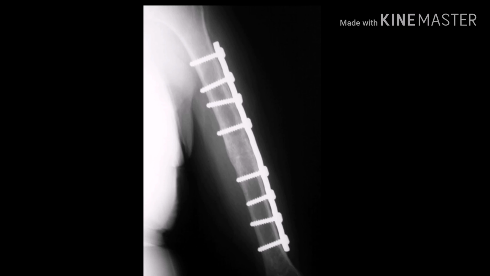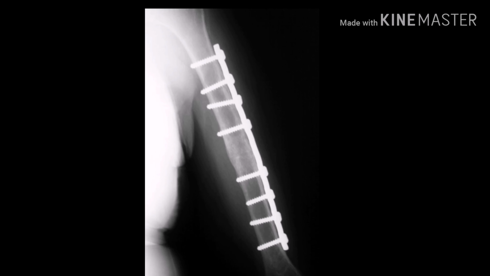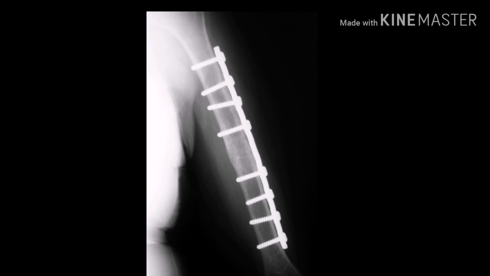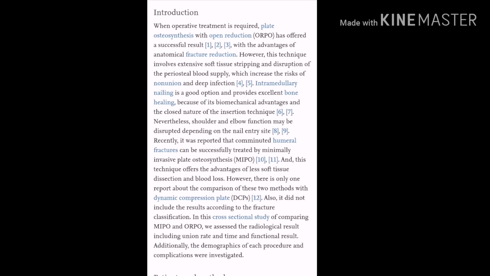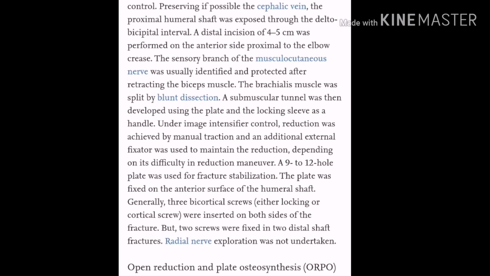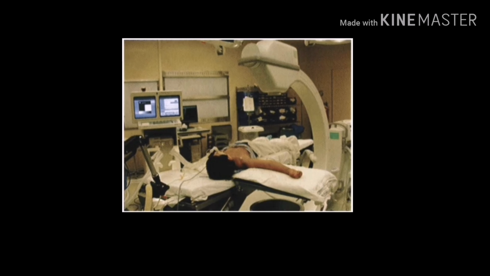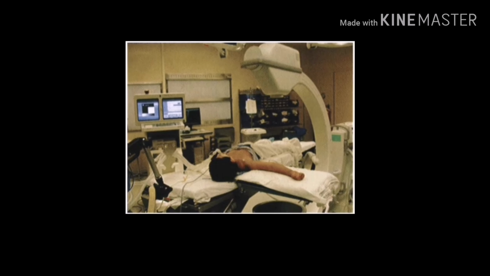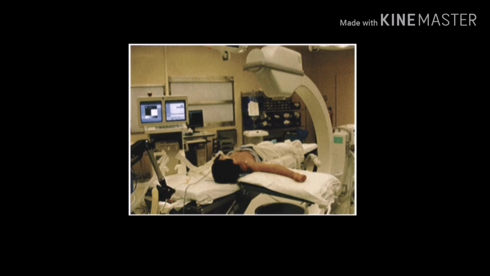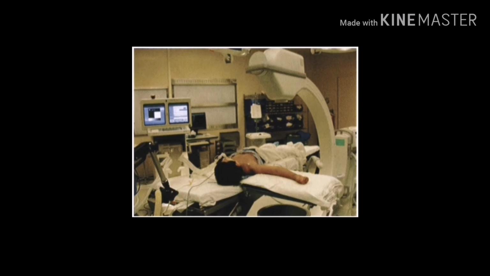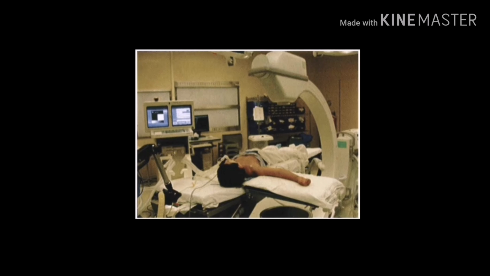Okay, here we want to talk about the comparison between the minimally invasive plates, the MIPO plates, and this plate. This is the paper. The operation was carried out in a supine position with abduction of the injured arm under image intensifier control, preserving, if possible, the cephalic vein.